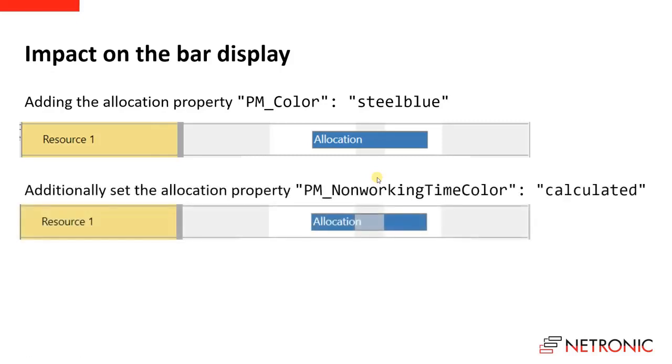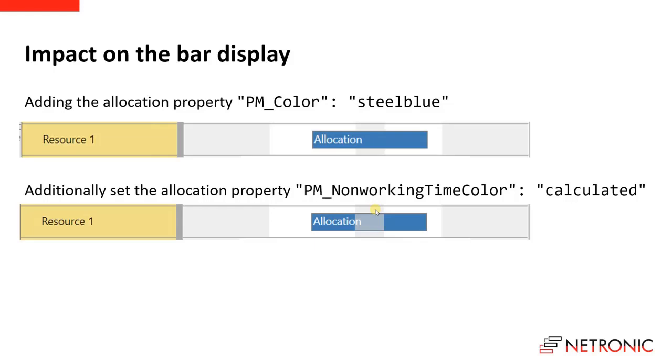There's also another allocation property called PM non-working time color, and in this case we have set this color to a special color called calculated, and the result is that the part of the bar that crosses the non-working time has a color that is calculated from the bar color and the color of the non-working time.